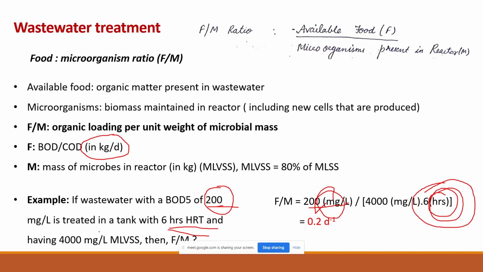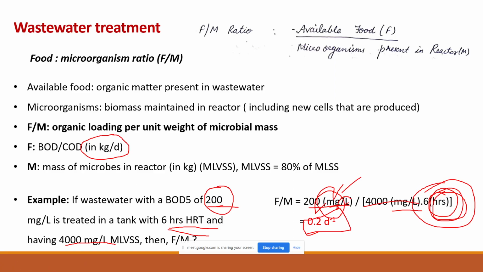Now after this, the microbial biomass is provided as 4000 mg per liter, so you just simply put it as 4000. You can just leave mg as it is. This mg per liter and this mg per liter will get cancelled. Convert hours into day and you will obtain 0.2 day inverse. Because the rest of the units get cancelled, you get the answer in day inverse.